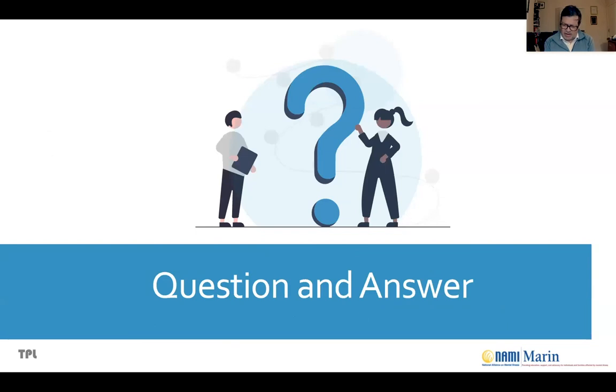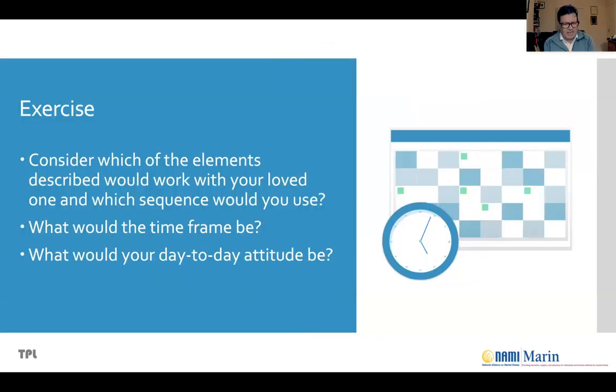Now, we're going to have a question and answer session, but first an exercise. Think about the elements of negative symptoms described in relation to your loved one and get a feel for what the main ones are. And as you were tackling the negative symptoms and helping with them in your caring role, which sort of old interests or hobbies might you include in some easy targets and goals?